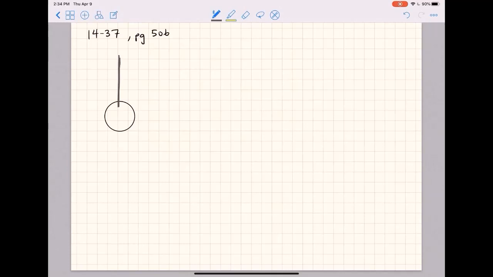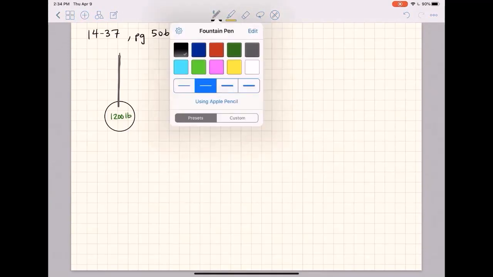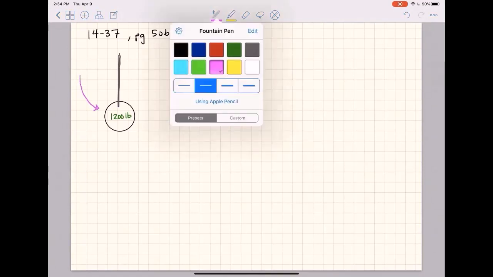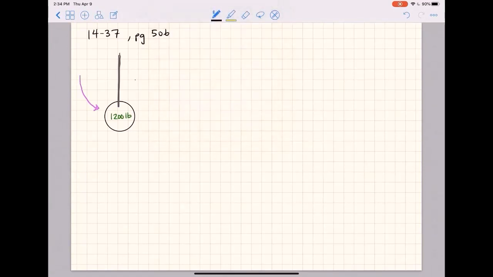Okay, so it's obviously on some sort of chain, and it states that it is 1,200 pounds, and it strikes a wall right at the bottom of its arc. So if you know that this thing was coming down, say this way, and right at this moment at the bottom of its arc is when it hits a wall.